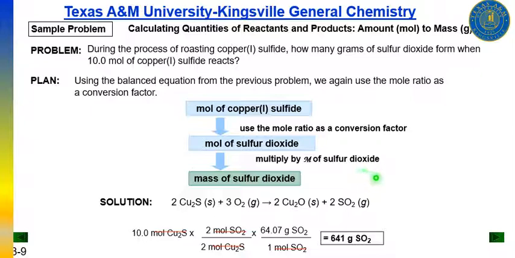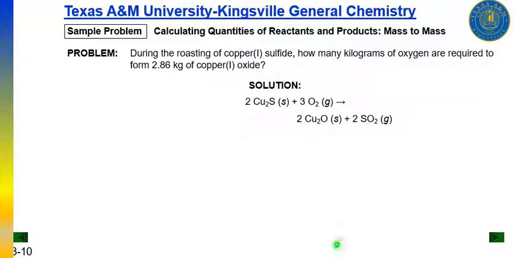So 32.07 plus 16.00 times 2 gives you 64.07 grams of sulfur dioxide per mole of sulfur dioxide. The total mass of sulfur dioxide will be 641 grams.